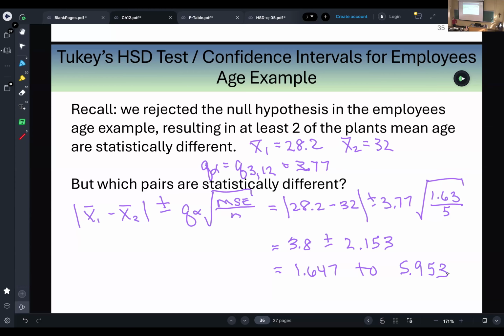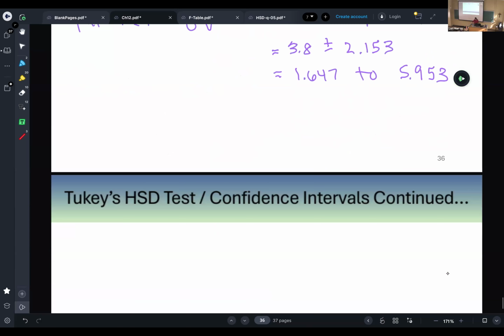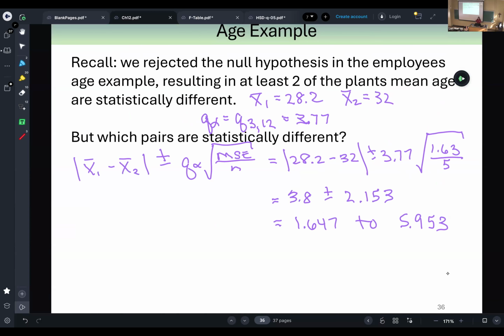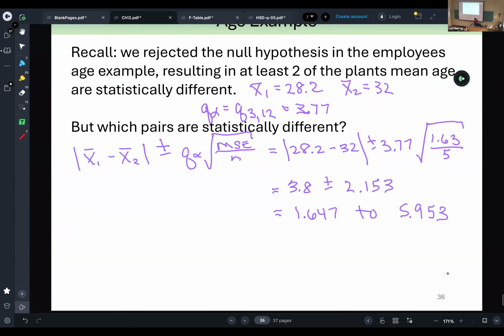No. Yes? No? How many think yes? How many think no? Let's see. How many say yes? Yes, that is correct. Because 0, right?